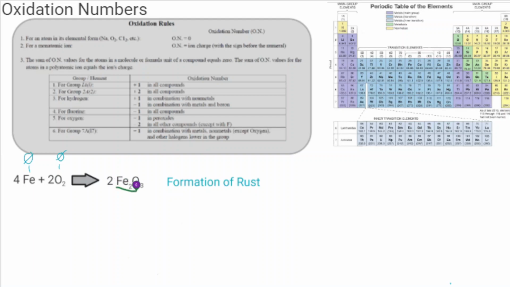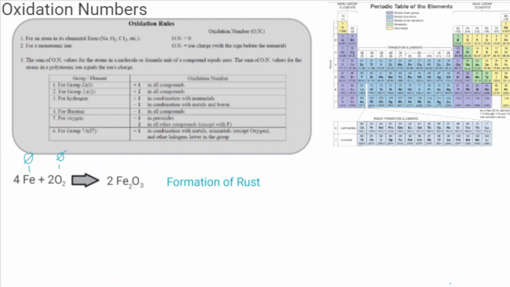For Fe2O3, we don't have anything in the first column of the periodic table, so we can keep moving on. We don't have anything in the second column of the periodic table. We don't have any hydrogens. We don't have any fluorines, because Fe, capital F, lowercase e, is not fluorine. It is iron.